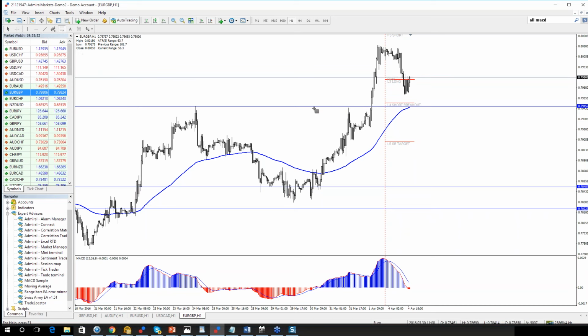If you place a Fibonacci here, you see it's a confluence with 78.6. So this is the trade I'm waiting for. Buy Euro GBP.